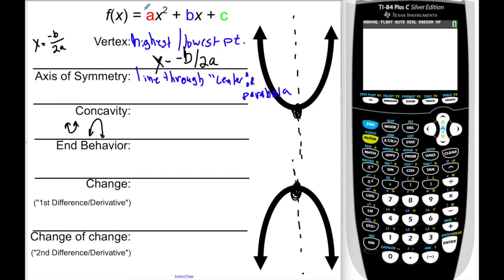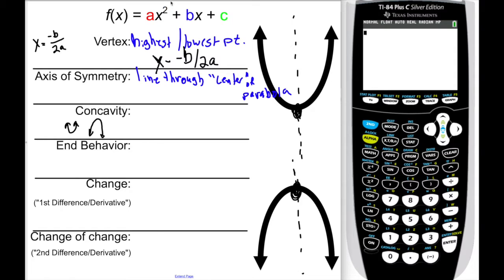We discussed in class how the x squared holds the majority of the value of the function when you plug in a number for x. For example, if I plug in 100, 100 squared would be 10,000, and the rest would be whatever it is.